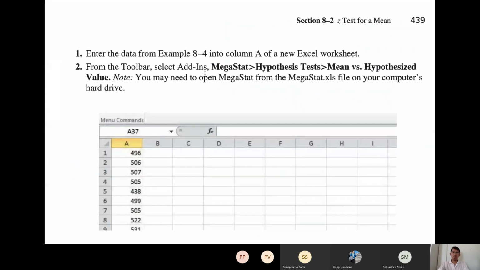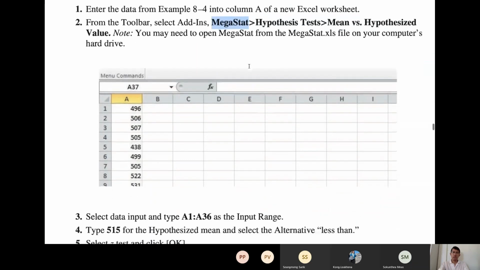As I said, Microsoft Excel does not provide you the statistical tool for hypothesis testing of a single sample. You have to install this add-in called MegaStat, so that you can use Microsoft Excel to do the hypothesis testing.